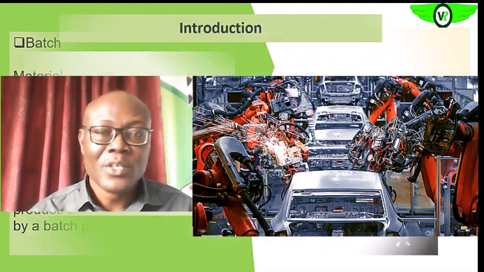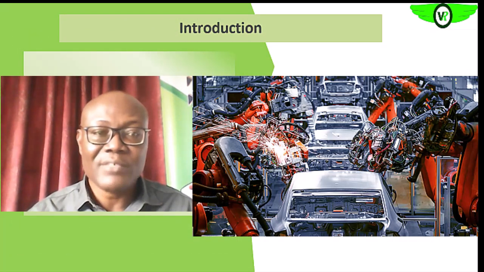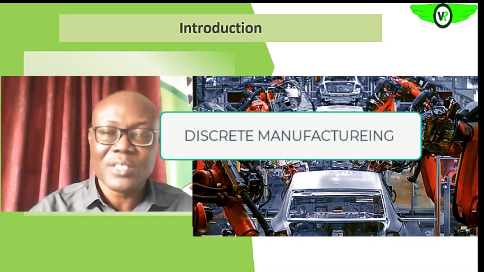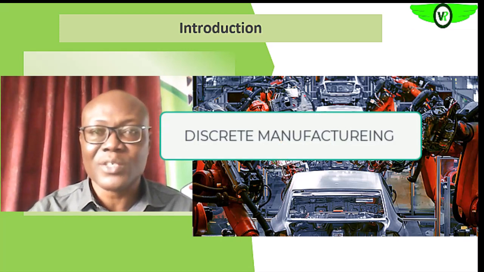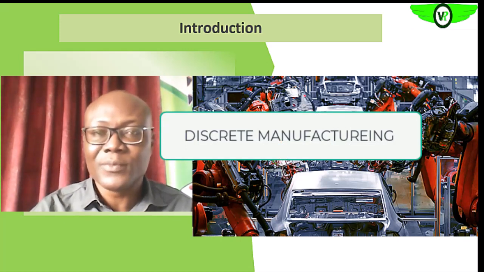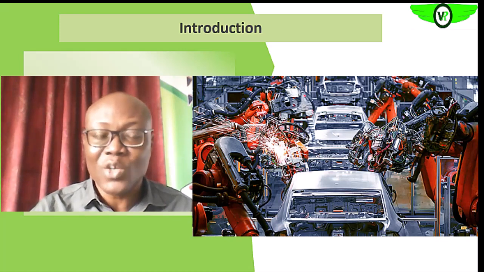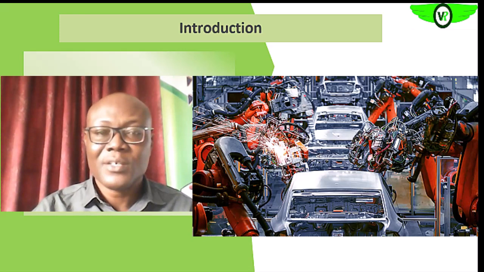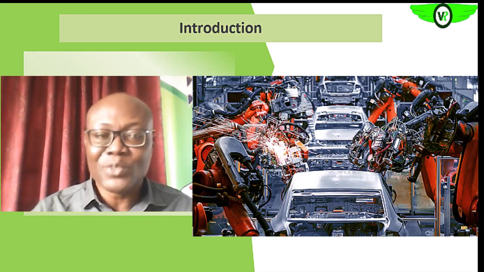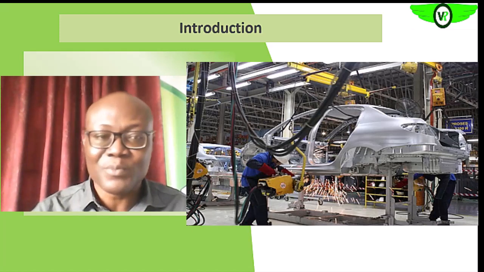Then we have the discrete process, or discrete manufacturing process, where the components of the finished product are each subjected to a complete manufacturing or production process, which means that separate components are produced in different processes, and then those components are brought together and assembled.